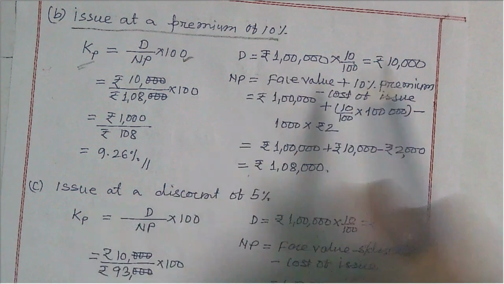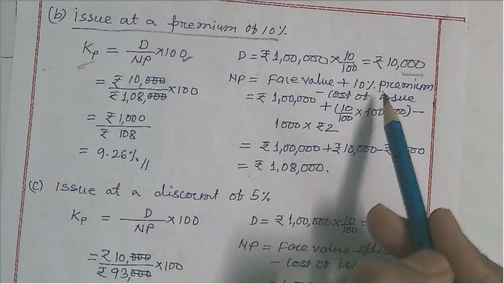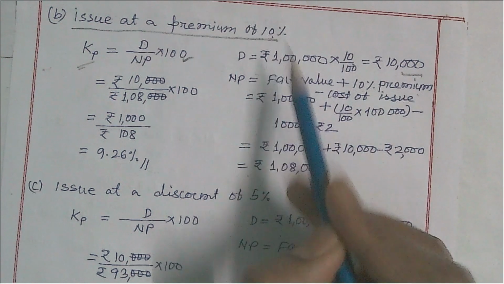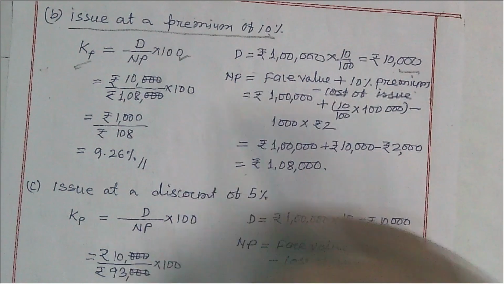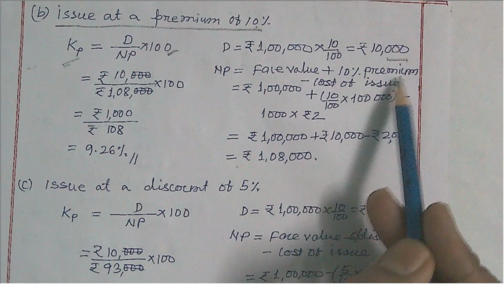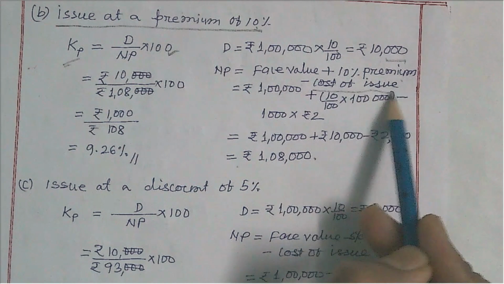Here D is the same 10,000 dividend, and the face value at 10% premium is given in the question. Premium is to be calculated on face value. So it is face value plus 10% premium minus cost of issue.